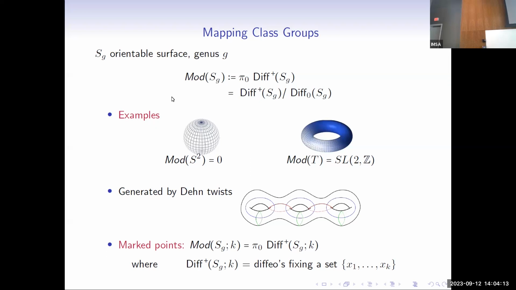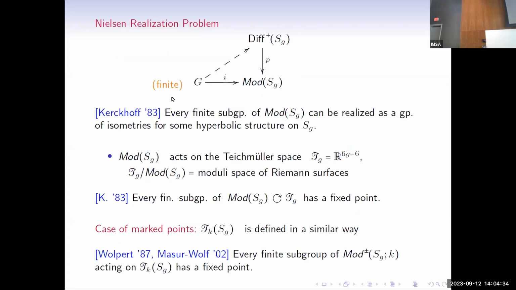So you think of all the diffeomorphisms of the surface, orientation preserving, which preserve a set of K points, and look at the group of path components, the mapping class group of the surface with marked points. There are a lot of features associated with this group.